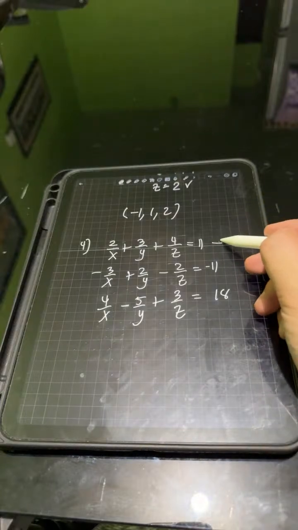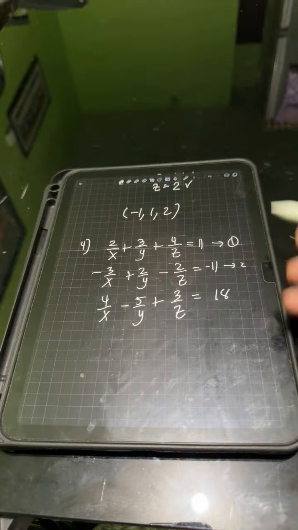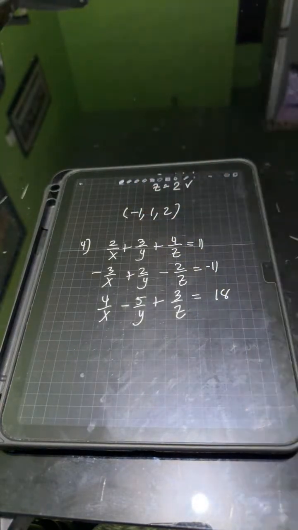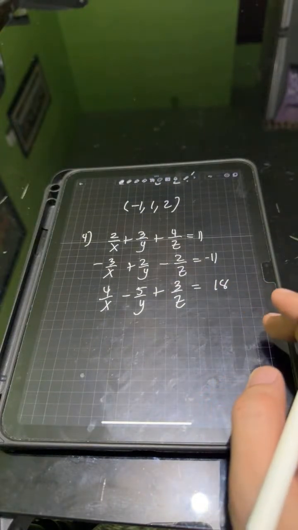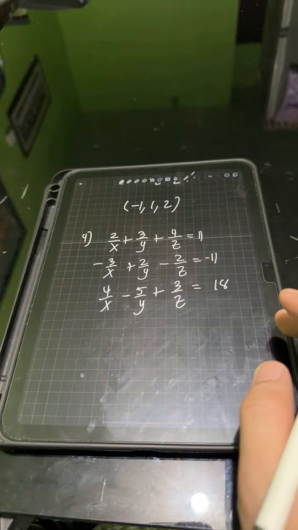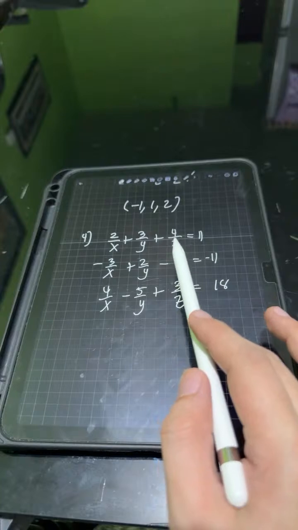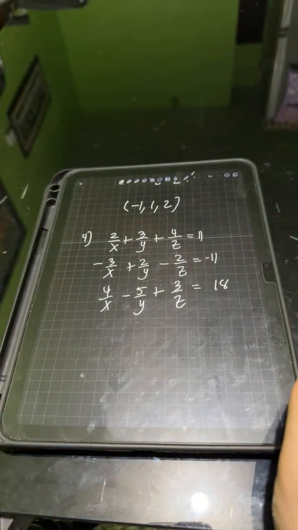Okay, let's name this equation 1, or not yet, because this is actually not a system of linear equations, because notice that the variables x, y, z are in the denominator.